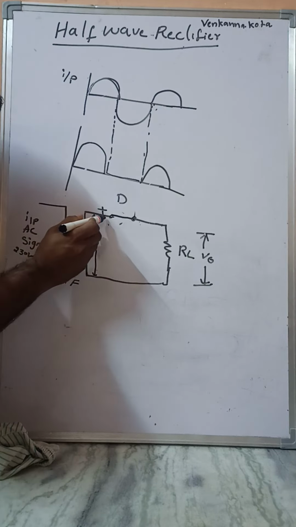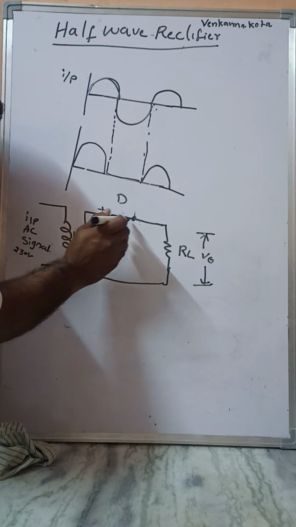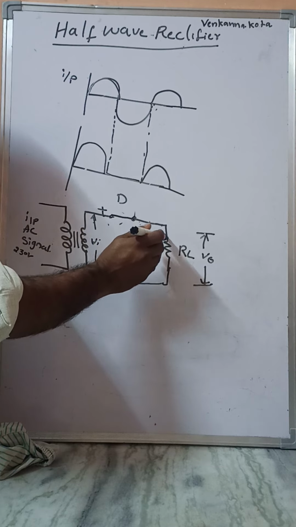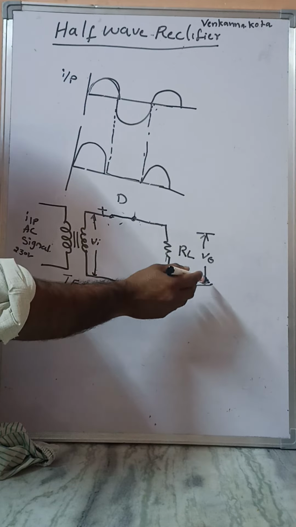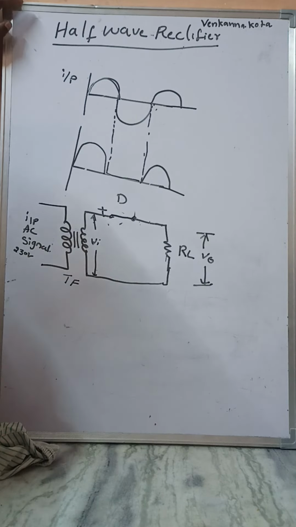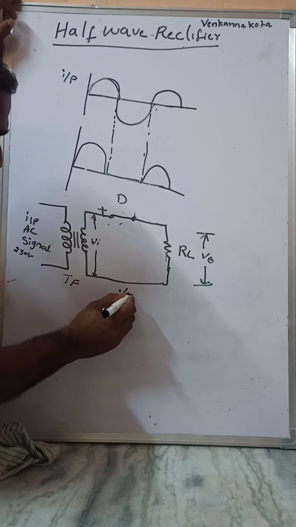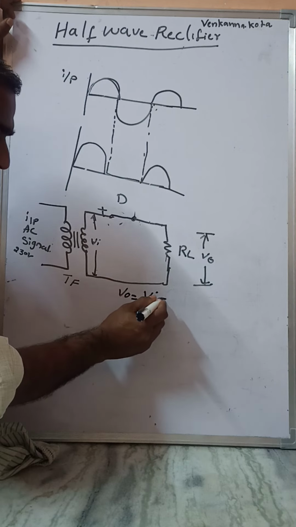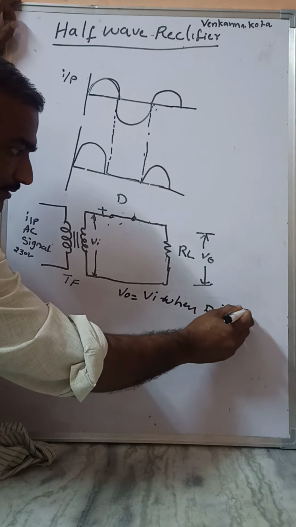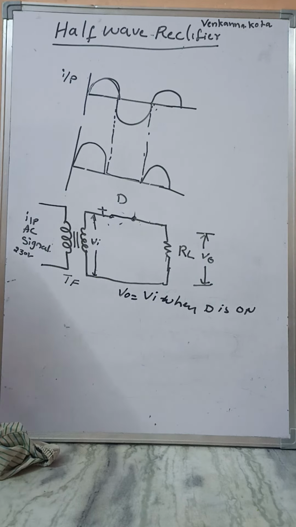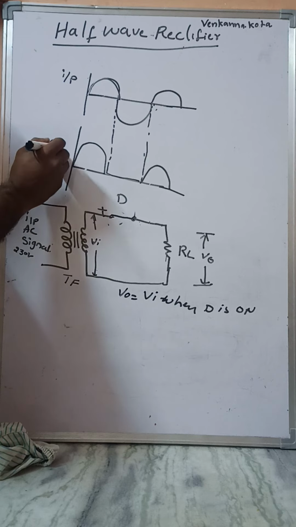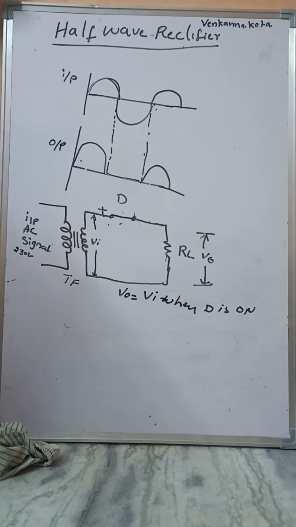Then the input current passes through the diode switch directly to the load resistor, and the output voltage across the load resistor is equal to the input, that is V0 equals Vi when D is on. So the output is the same as the input.